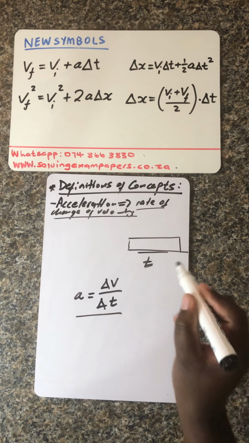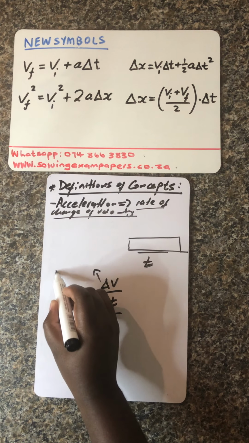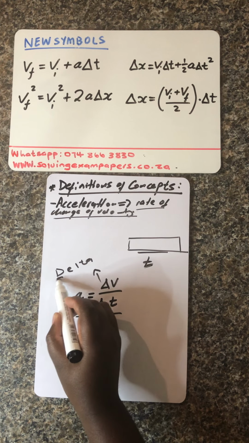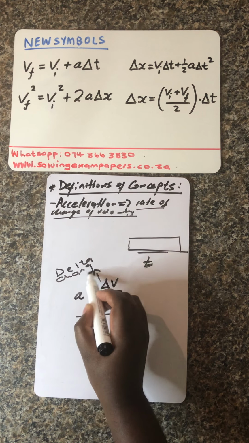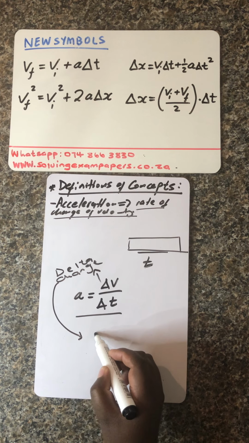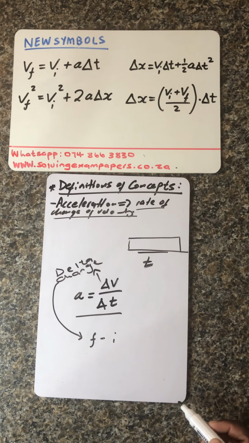Okay, so remember this thing, ladies and gentlemen, in Greek it's called delta. Delta simply means change. Change, ladies and gentlemen, simply means final minus initial. That is the change.